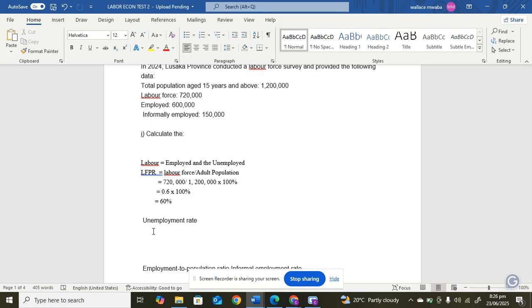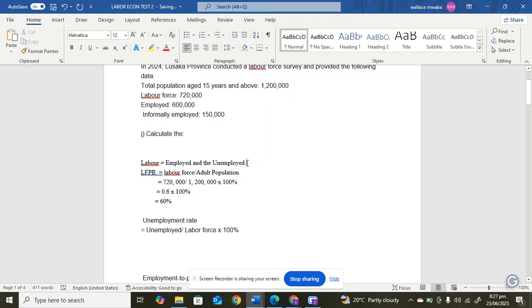Okay, so now the unemployment rate. Basically, we're going to find out, of the labor force, how many are unemployed. So the unemployment rate is the unemployed divided by the labor force times 100%. Now, in our information here, we've just been given the labor force and the number of employed people.